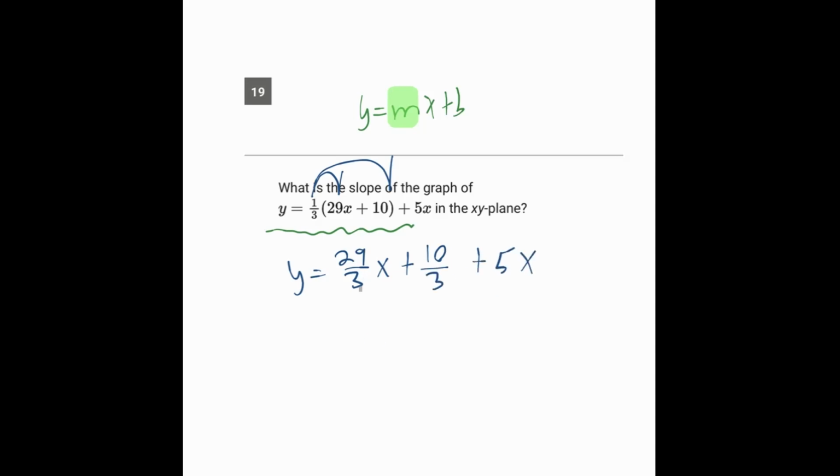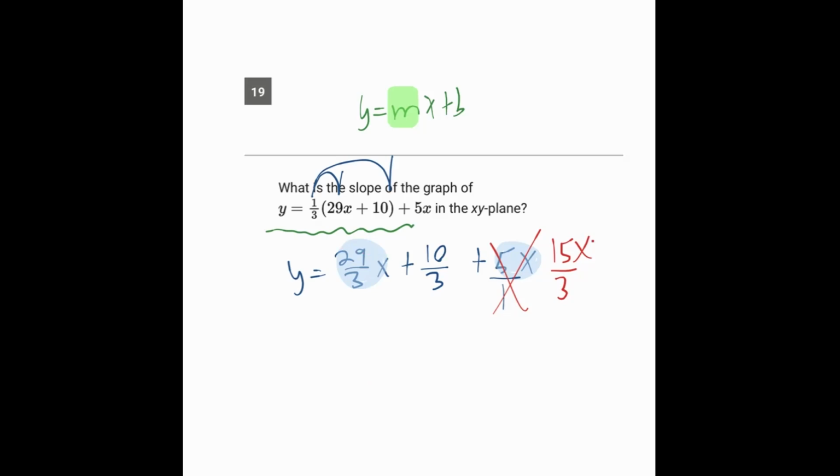Now we're going to need to combine these two things, which we can do using common denominators. So 5, really 5 over 1, if we multiply that by 3 over 3, it'll become 15 over 3. And don't forget there's an x there. So 5 over 1 x, that's the same as 15 over 3 x.